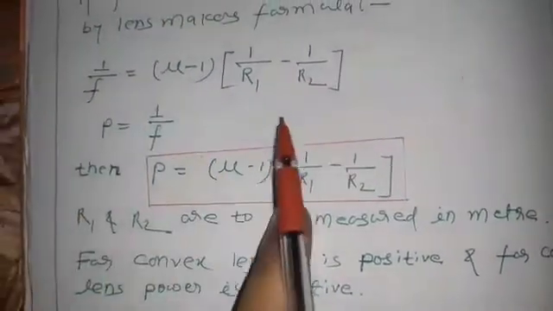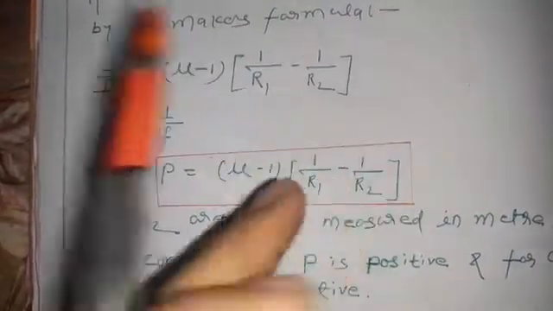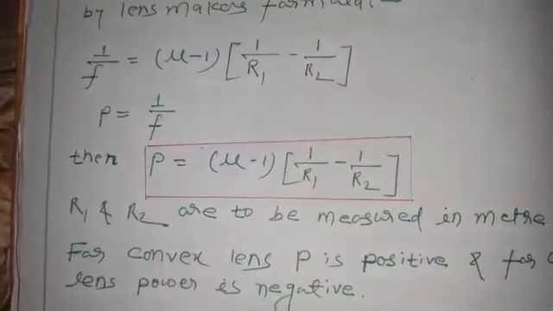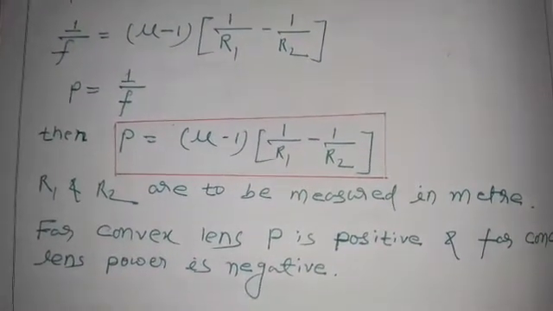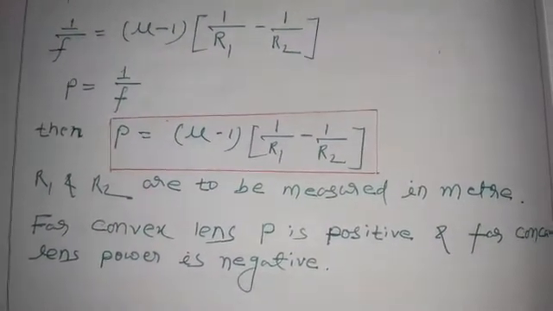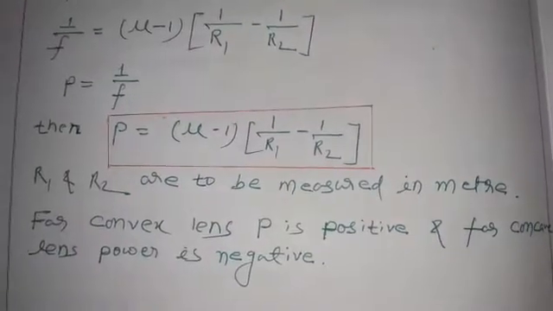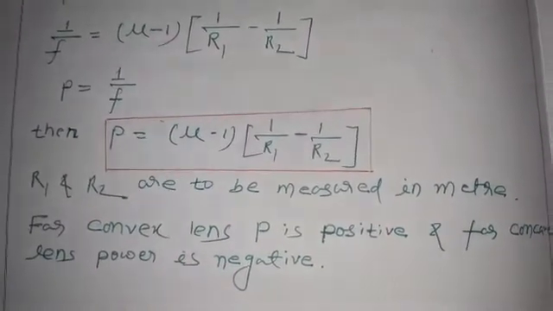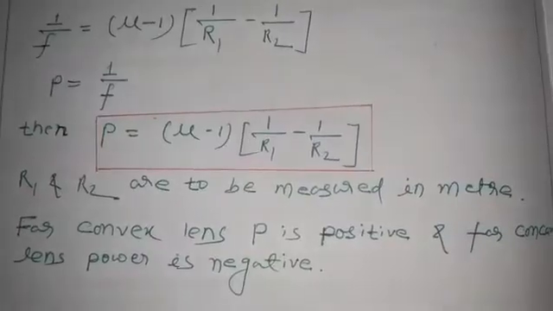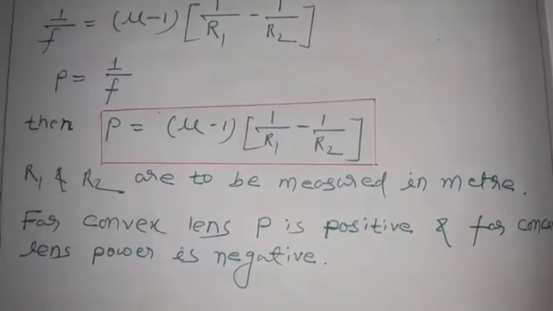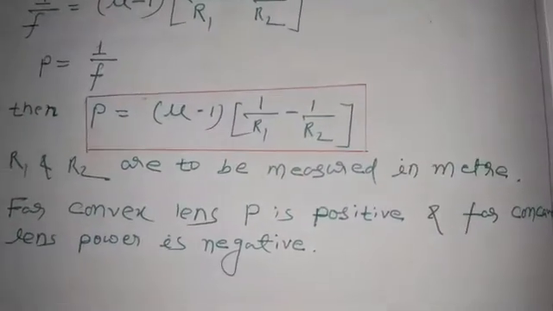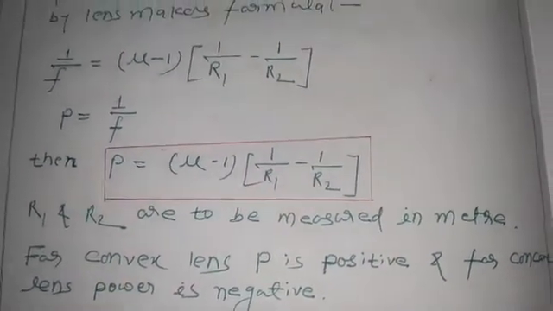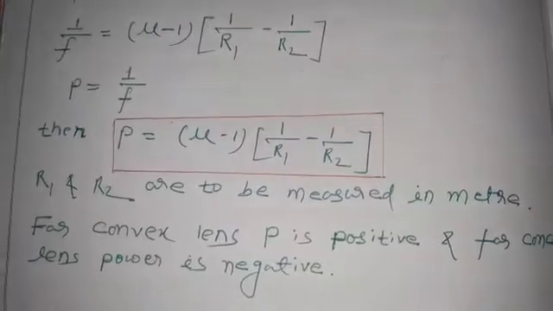R1 and r2 are to be measured in meters, which are the radii of curvature of both the spherical surfaces of a convex lens, or in case of concave lens. For convex lens P is always positive, and for concave lens the power is negative. So this is the power of lens.